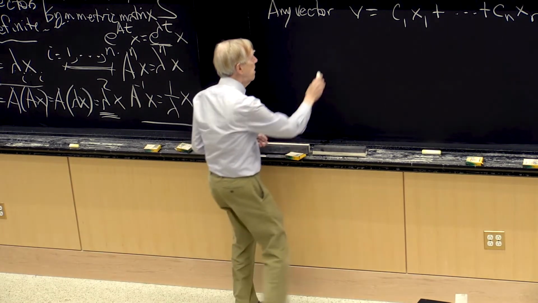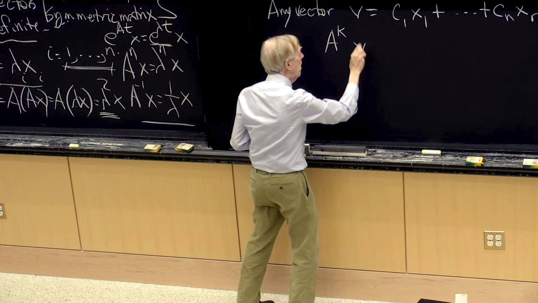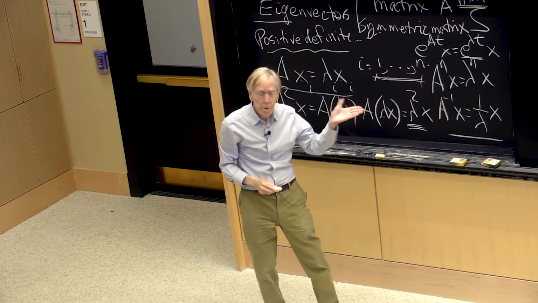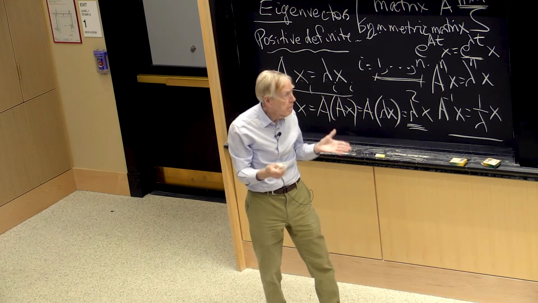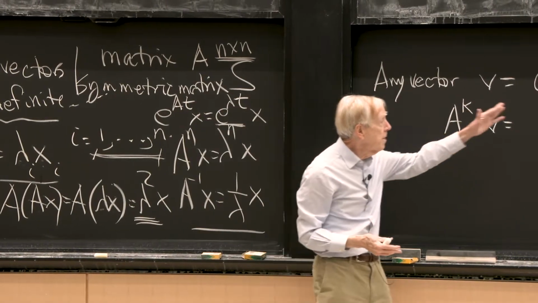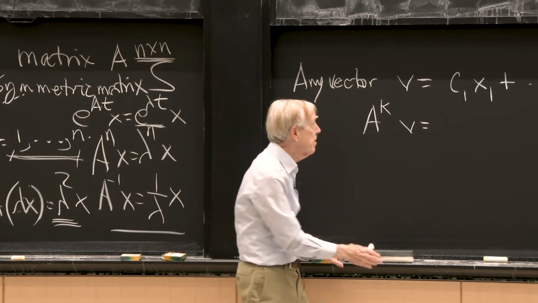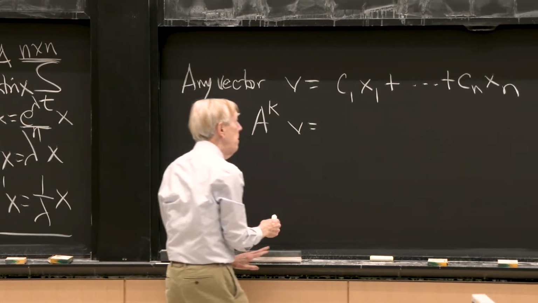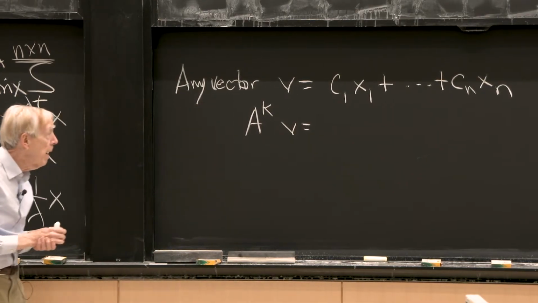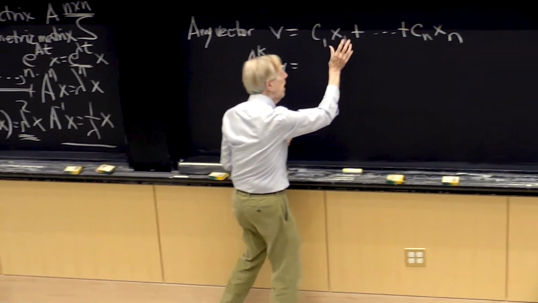And then I can find out what A to any power does. That's the point, and the reason why we like to know the eigenvectors. If I choose those as my basis vectors, v is a combination of them. Now if I multiply by A or A squared or A to the k power, it's linear, so I can multiply each one by A to the k.